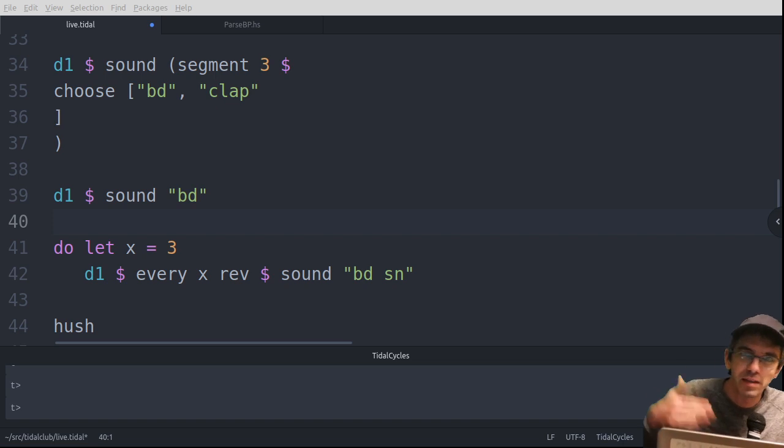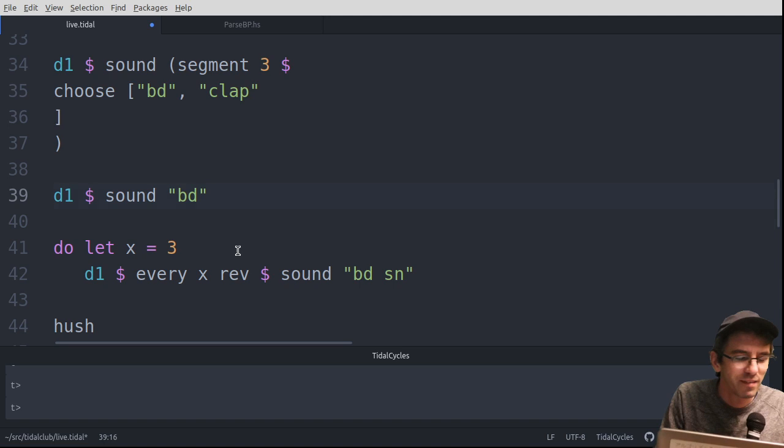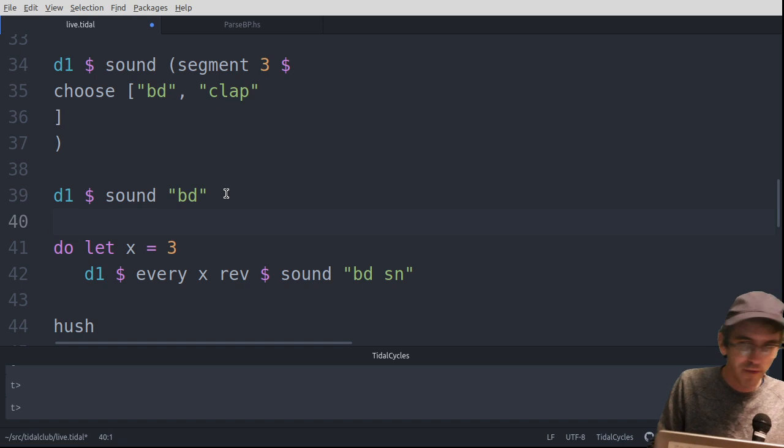It will limit things, so if you're listening on headphones, it won't hurt your ears. That's the idea. I think you still should be a bit careful with playing with Tidal with headphones. Like earlier, I did that nasty thing with LPQ. I need to check that. Yeah, I'm surprised there isn't a limit on the upper highest number you can put there. So we might need to adjust that to make it a bit safer. So yeah, be careful of your ears. Don't end up like me.